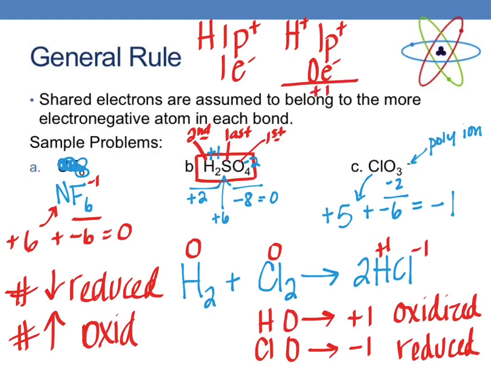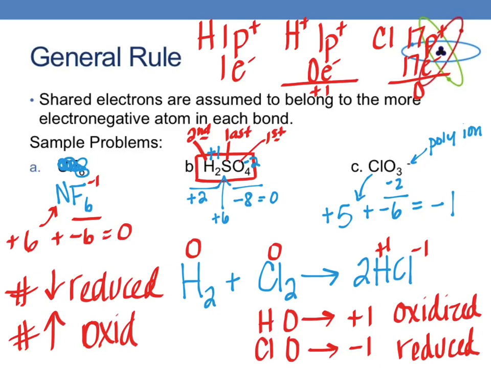It lost that electron, so that means it is oxidized. Chlorine has 17 protons and 17 electrons for an oxidation number of 0.